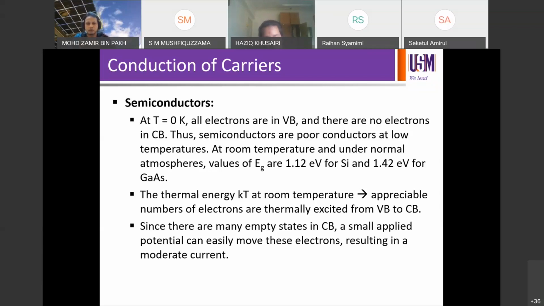Whether or not it's enough to light up a certain system depends on the input requirement of that particular device, right? But an appreciable number of electrons are already in the conduction band for conduction.